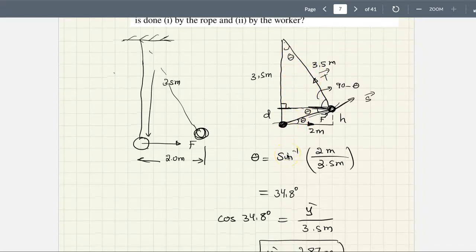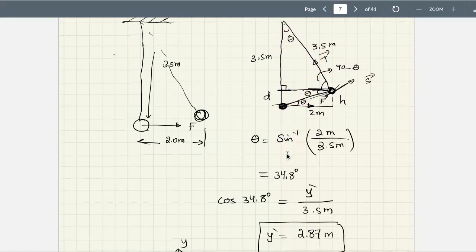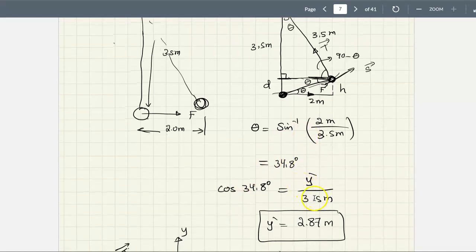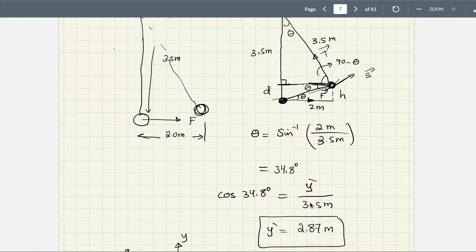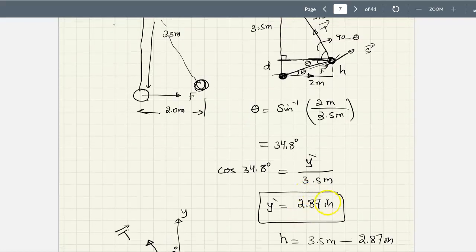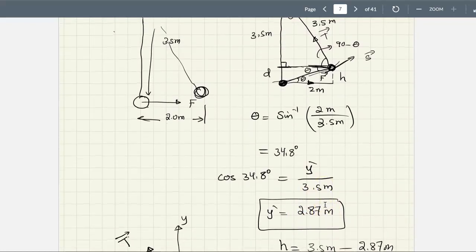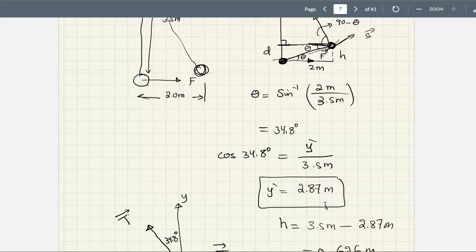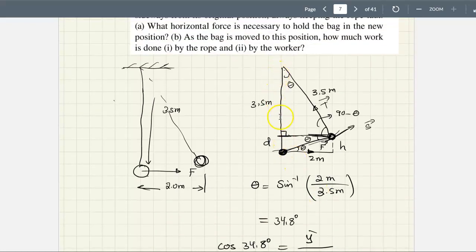Then I will be able to calculate theta as 34.8, and then I can say cosine 34.8 equals y prime divided by 3.5, and my y prime is going to be 2.87 meters. When I say y prime, I am looking at this distance here. This is the one.